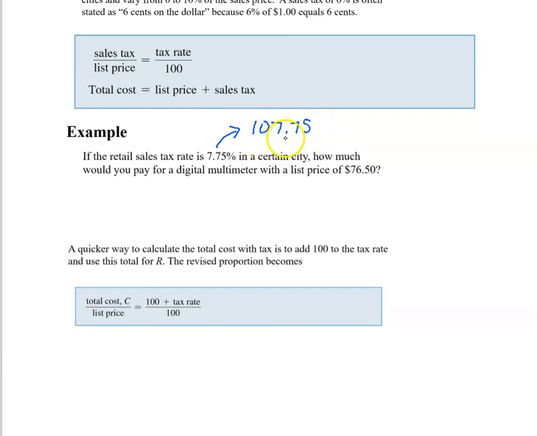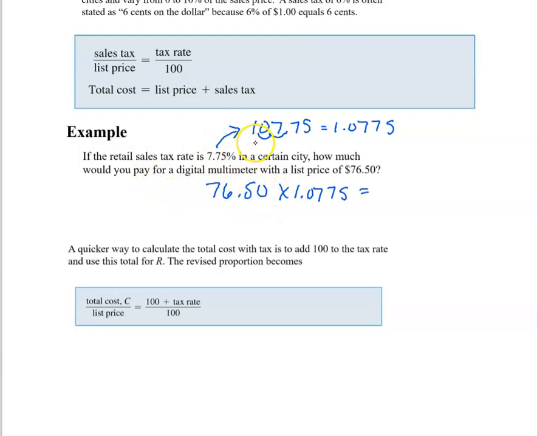And so when we write that as a decimal, if we move our decimal over twice, it would be 1.0775. And so we could just multiply by that number, right? And we could get the answer that way because it's asking what would the total cost be?